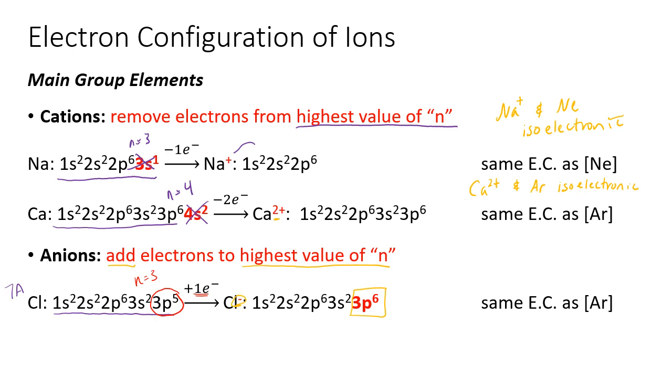We have 1s2, 2s2, 2p6, 3s2, 3p6. And that is also the same electron configuration as argon. So the calcium 2+ ion, argon, and the chloride anion are all isoelectronic. They all have the same configuration.